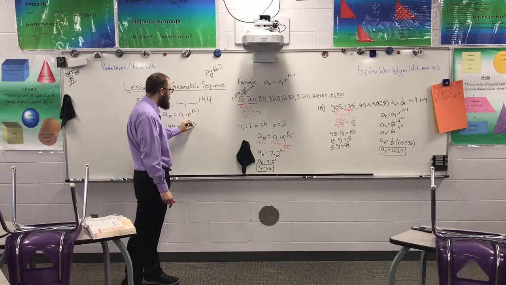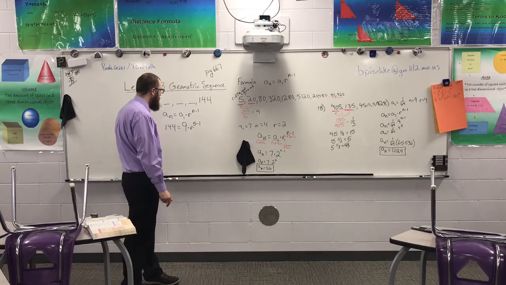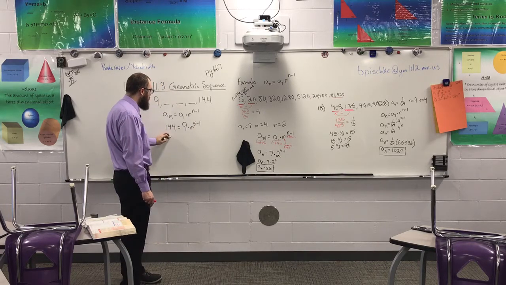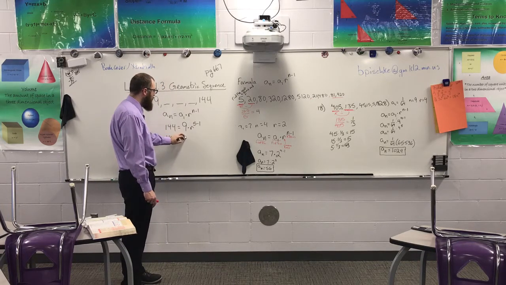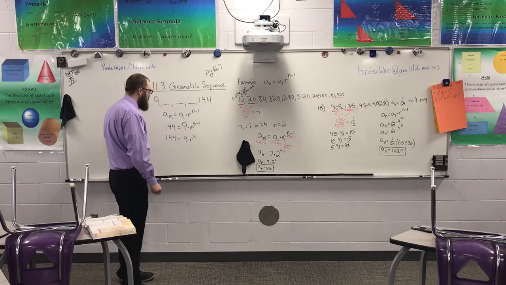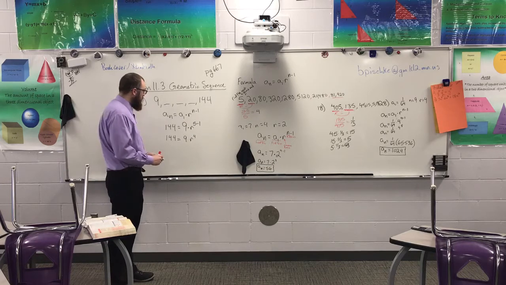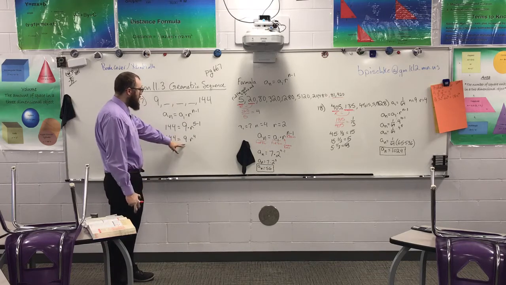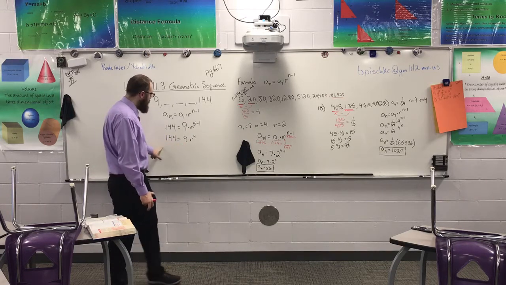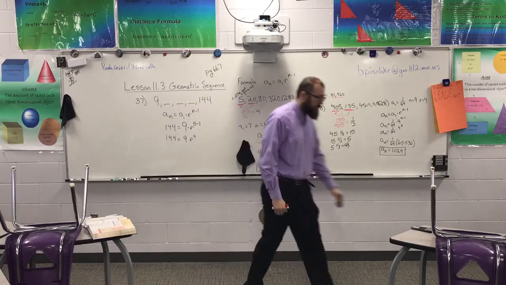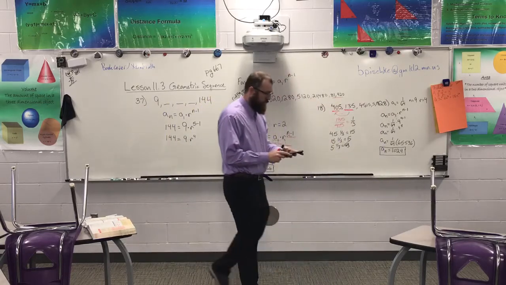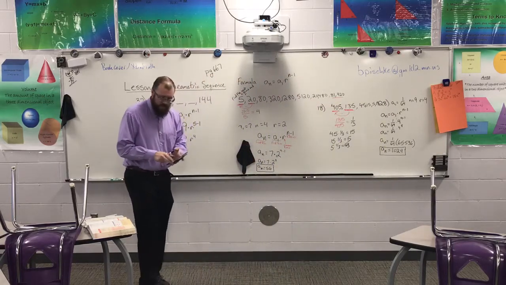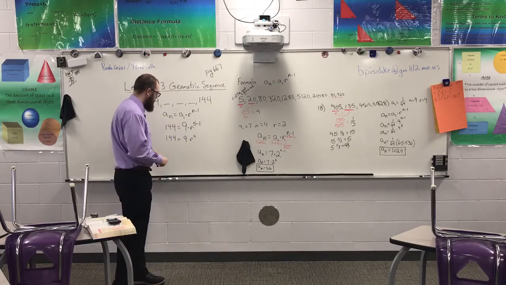That is the number of terms that we have. 144 equals 9 times r to the 4th. Now our next move is to get that 9 over to this side, and we need to do so by division. So 144 divided by 9 is 16.